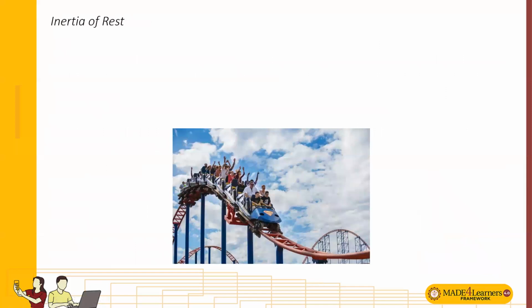For example, if you're riding a roller coaster and you have reached the maximum height, the velocity there is zero. To keep the roller coaster moving, there must be a force acting.